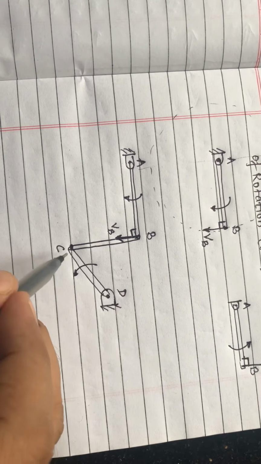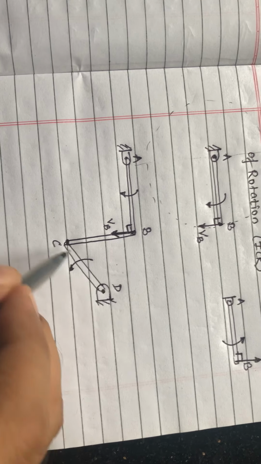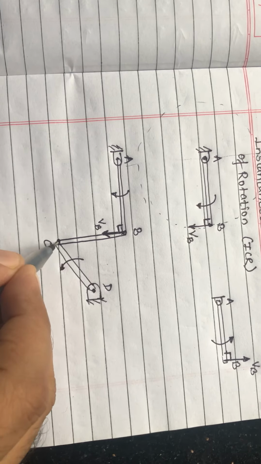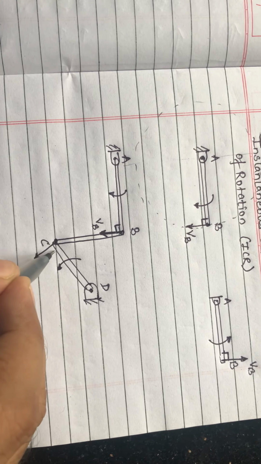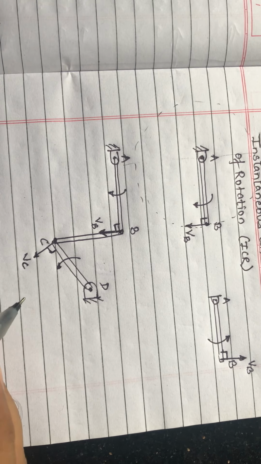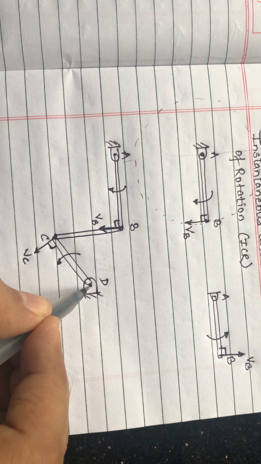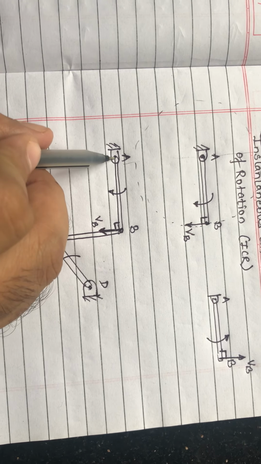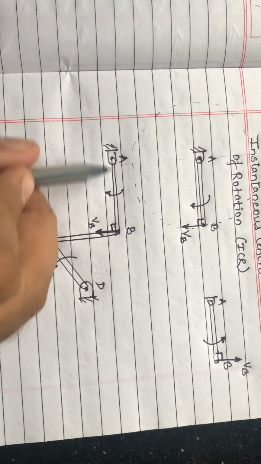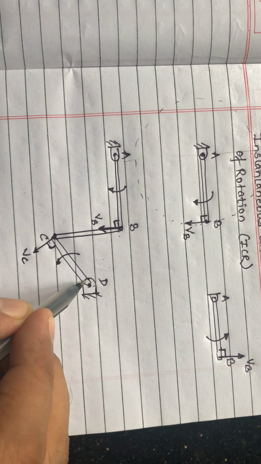Okay, so if the CD rod is rotating in this pattern, then CD will become the radius of the circle, as I told you, and the velocity will be perpendicular to the radius, that is VC. Now point C is rotating about point D, and point B is rotating about point A. Rather than talking in this pattern, the AB rod is rotating about point A, and the CD rod is rotating about point D.